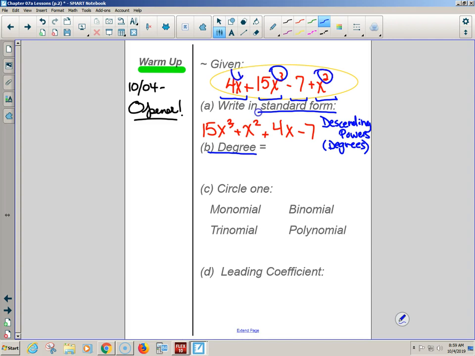And then this one was the weird one because his degree was 0, right? Because there was no x. Now, when we're talking about the degree of the entire polynomial, you have to remember that the highest one wins. It's not like adding them all together from the entire thing of all the different terms. It's the highest term's degree.